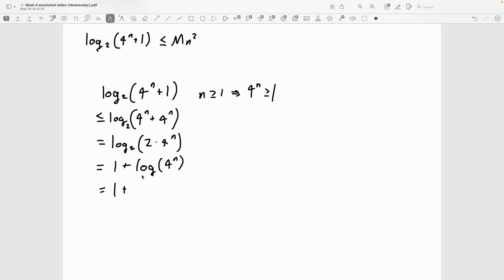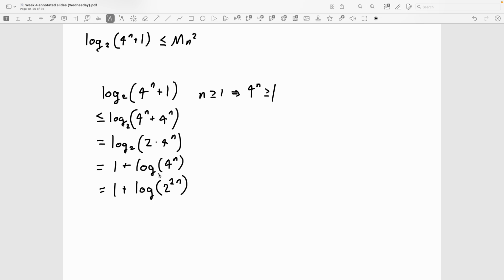And then this part's a bit silly. Four to the n is equal to 2 to the power of 2n.